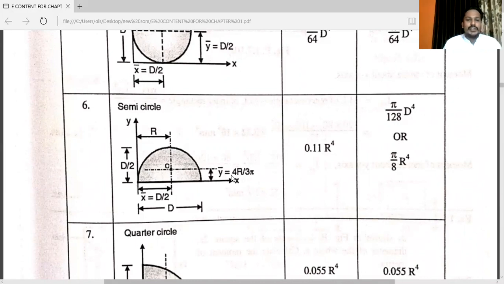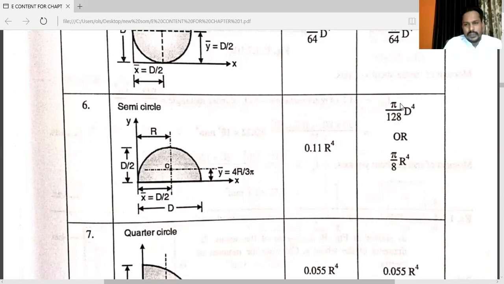We know Y bar is equal to 4r upon 3 pi. This formula we already studied in engineering mechanics, the centroid. This distance, that is capital R, is the radius of the semicircle. This distance, that is d, is the diameter of the semicircle. And according to this, the formula will be 0.11 into r raised to 4.